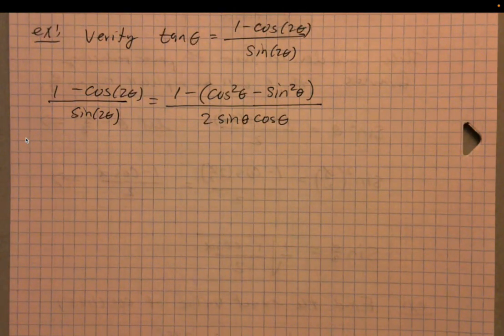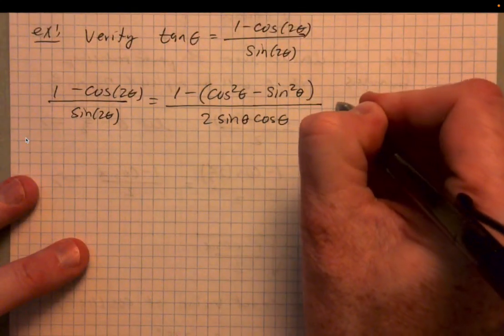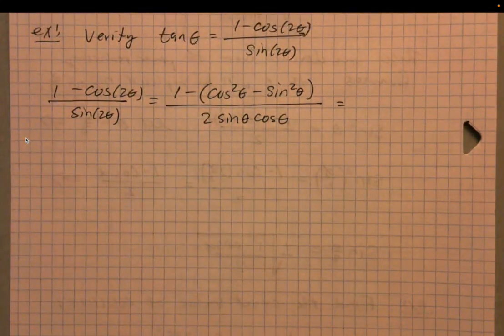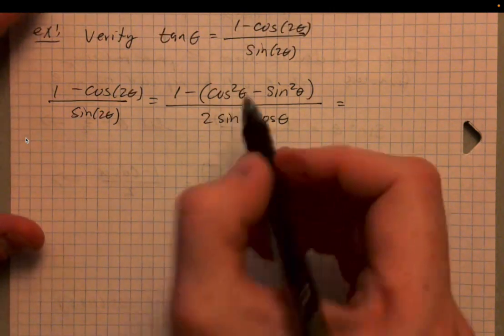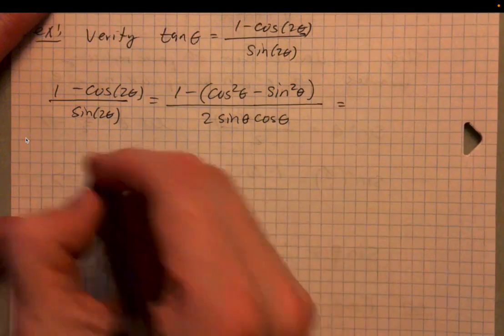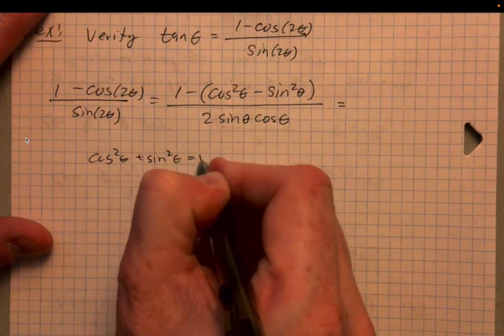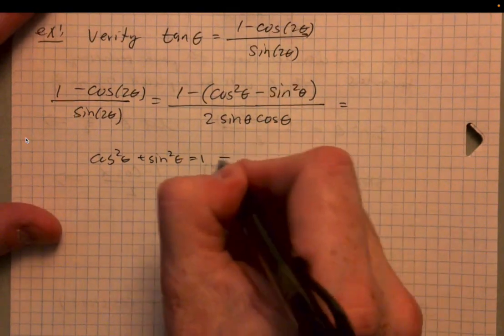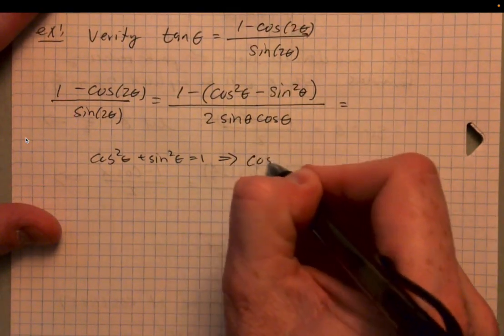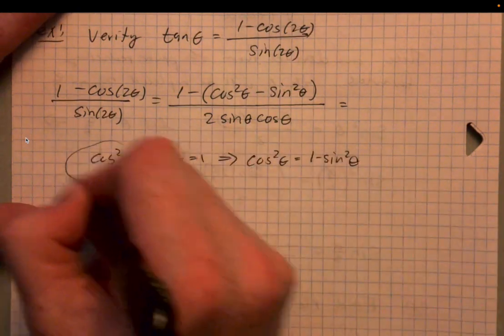Okay. And this is all going to be equal to, so what can we say here? We know we have the Pythagorean identity. This is kind of a tricky step here. So we have cos squared theta plus sine squared theta equals 1, and that implies that cos squared theta is equal to 1 minus sine squared theta.